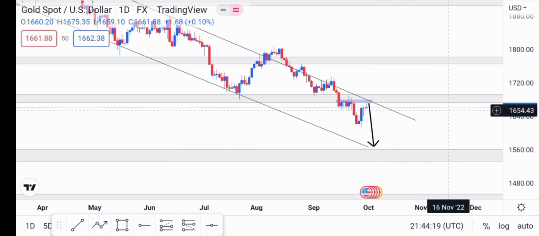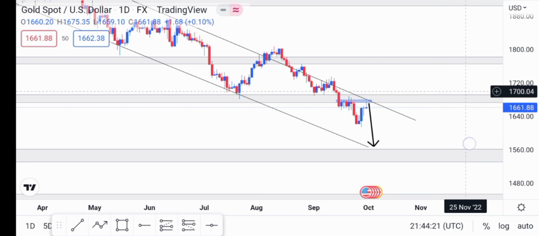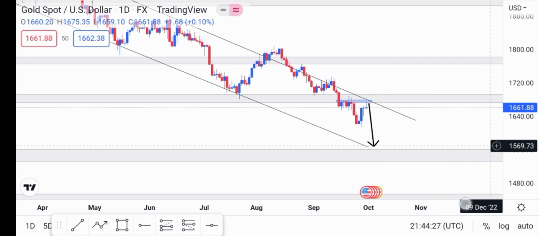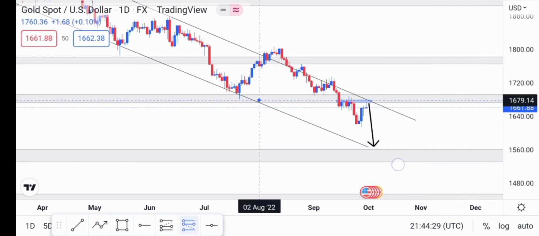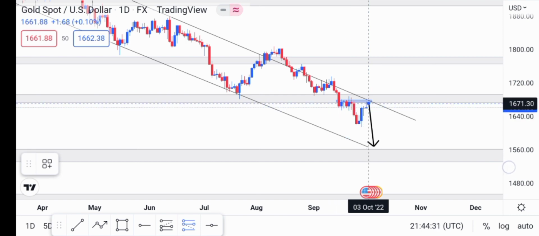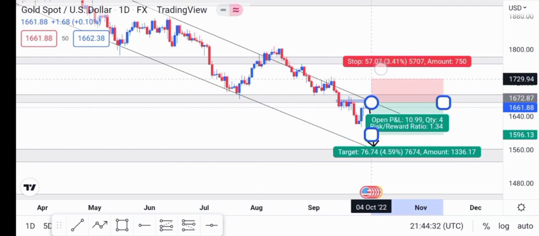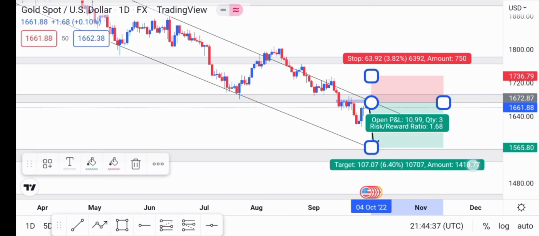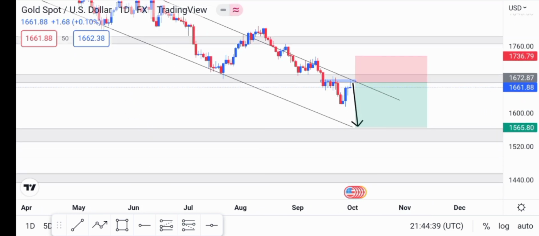So if you're going to trade this, your stop loss will be around this area here, a bit here at least, and overall take profit right over here. So like this, let's say you enter around this area here, and then this will be a stop loss right over here, and overall take profit right over there. So this is what we have on gold.